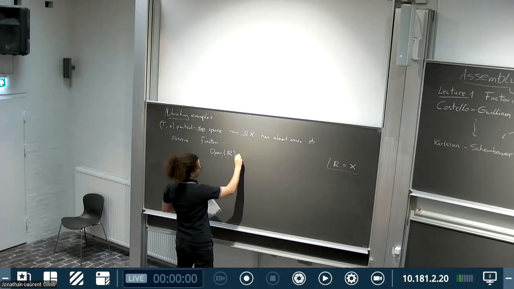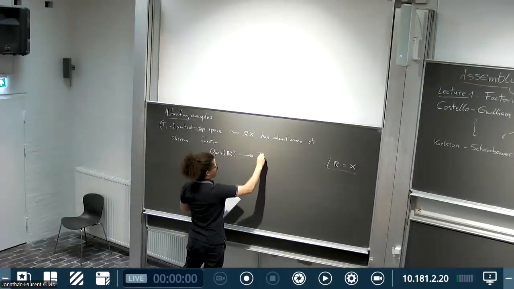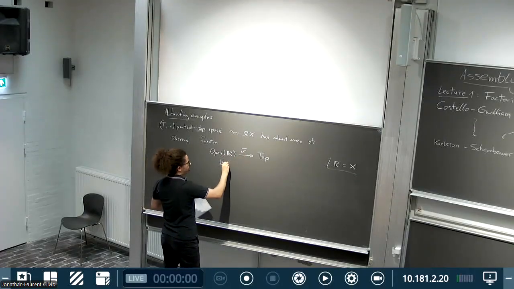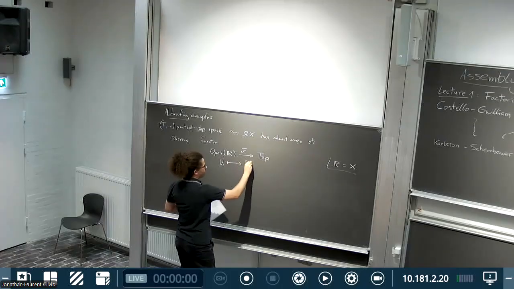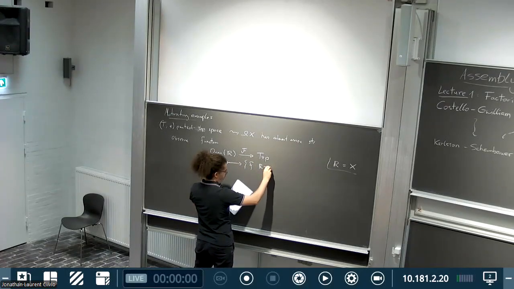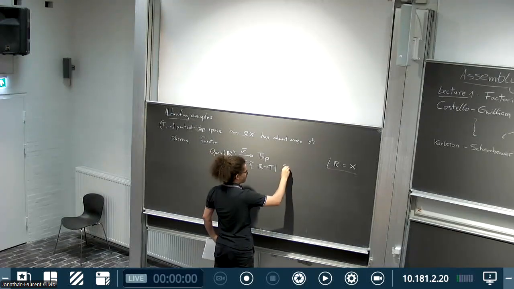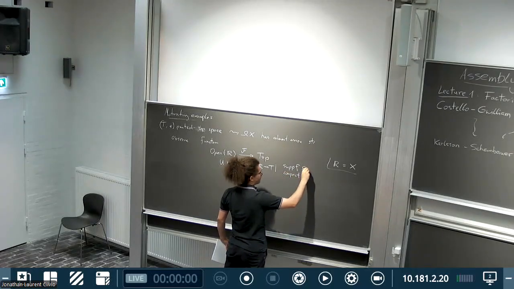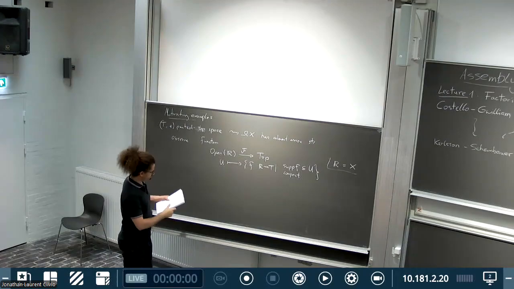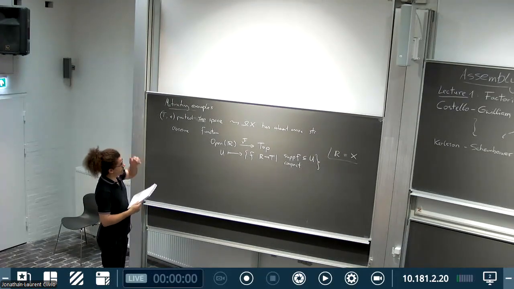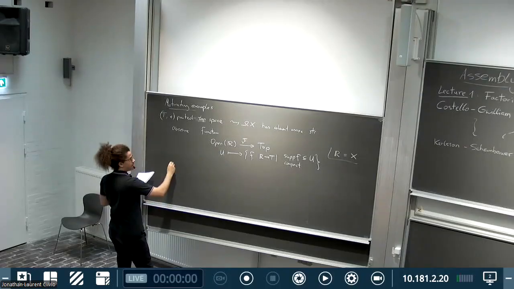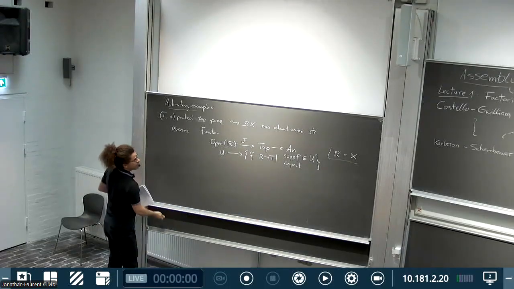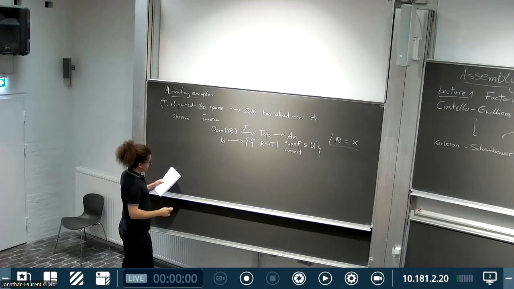So there's a functor from opens of R to topological spaces, which let's call F, which sends some open U to just the topological space of maps in T which are compactly supported, so that the support is compact and also contained within U. And if you now observe what this functor does, you can really post-compose with homotopy types, but a priori this really goes to spaces.